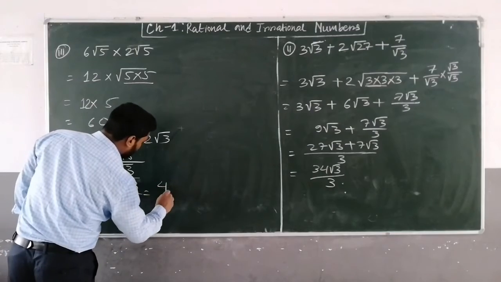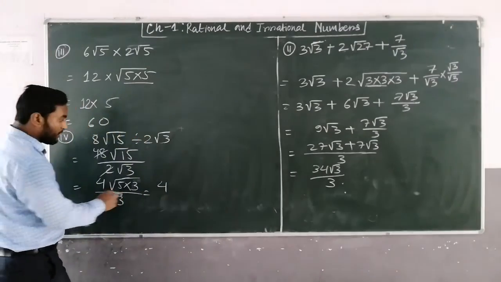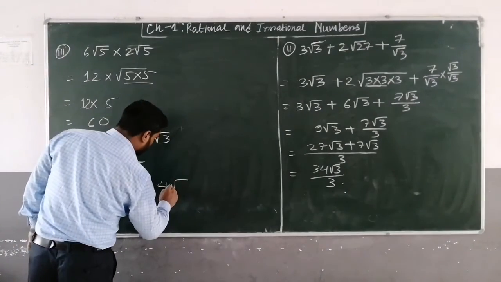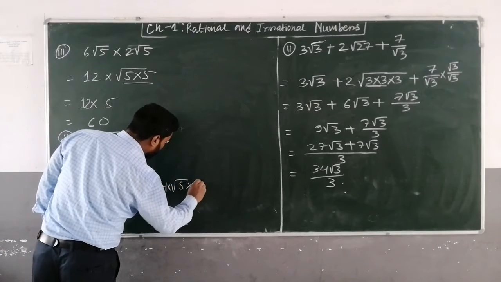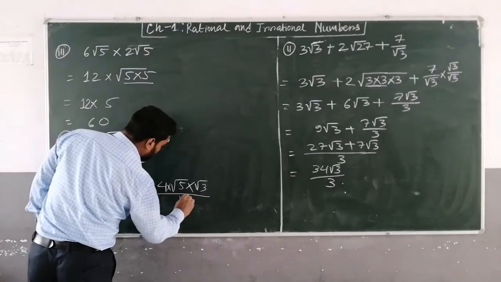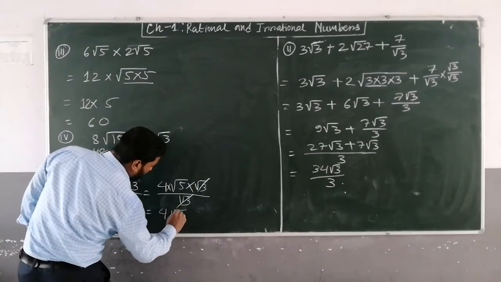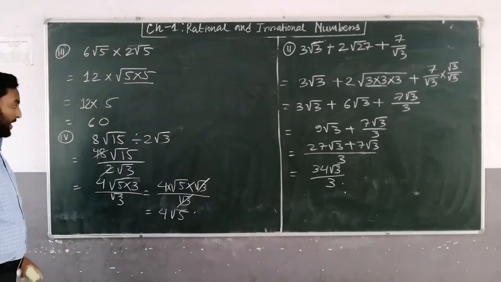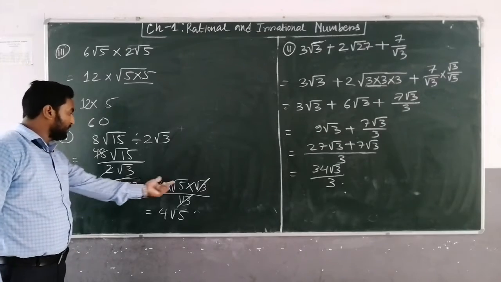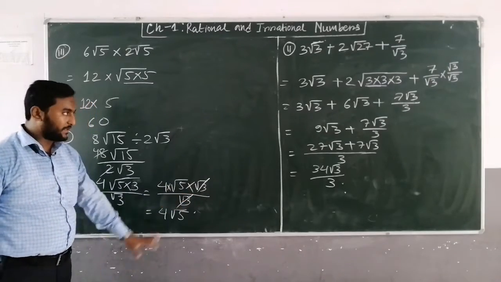Square root is distributive, so you can write 4 into root 5 into root 3 divided by root 3. Root 3 will be cancelled out, so it will be 4 root 5. Okay, here square root is distributive, so root 3 and root 3 will be cancelled out.